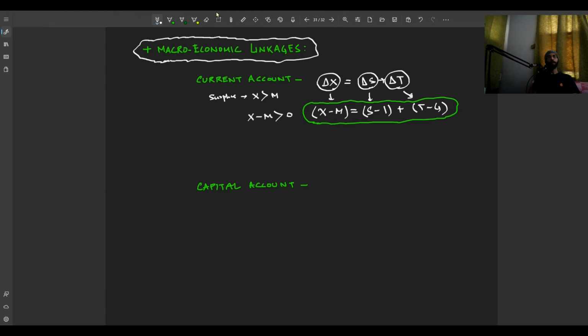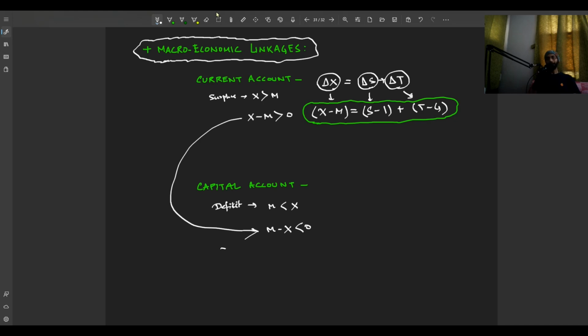Imports should be less than exports, which means M minus X should be less than 0. Right? This is just the other way of looking at it. X minus M is greater than 0 means M minus X is less than 0. It obviously implies that.